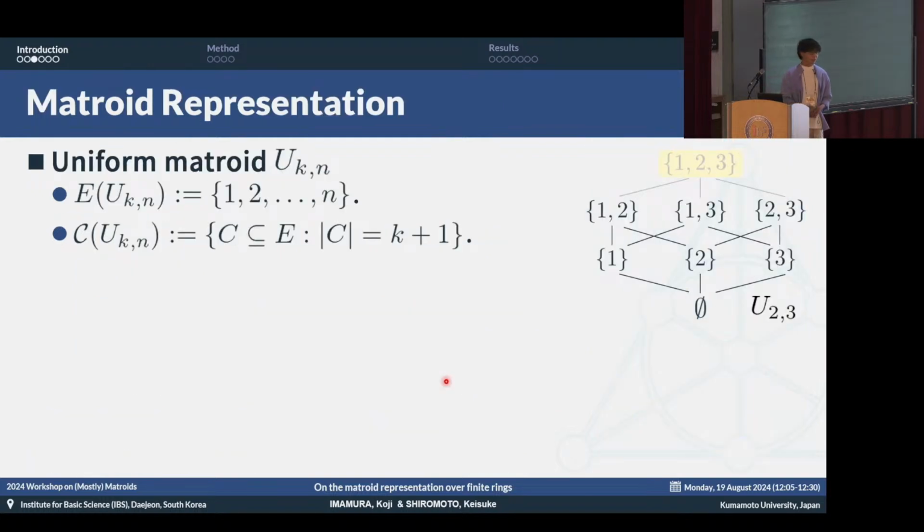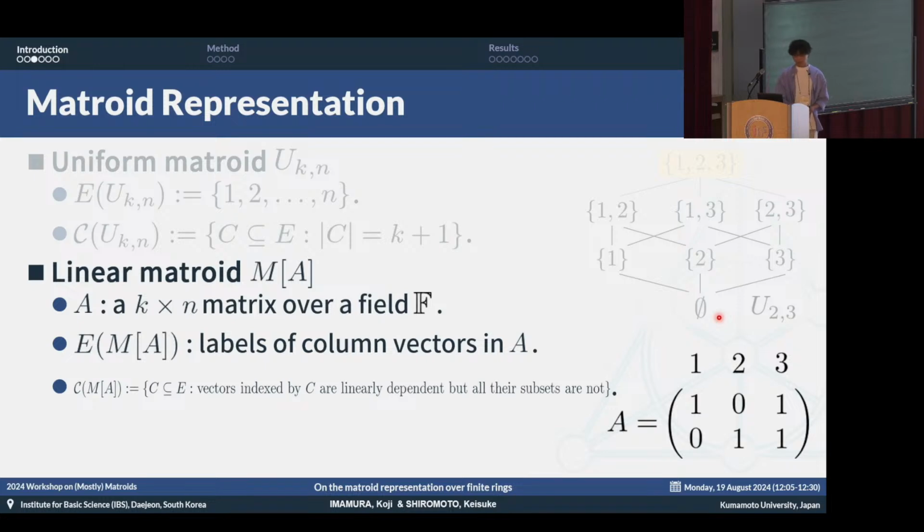The uniform matroid is one of the most typical matroids. In terms of circuits, the uniform matroid can be defined as a matroid whose circuits consist of all subsets of E whose size is k plus 1. So the matroid in the previous slide is the uniform matroid U_{2,3}, where k is 2 and n is 3.